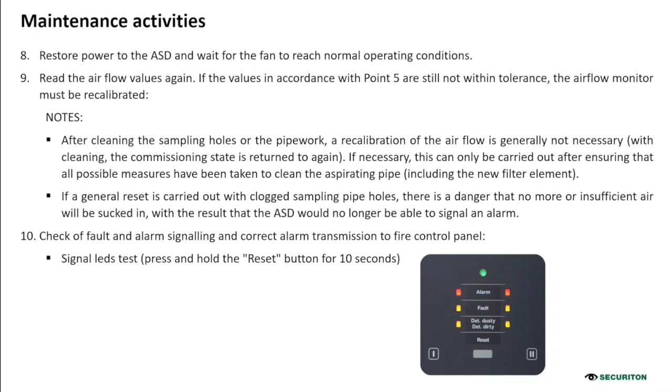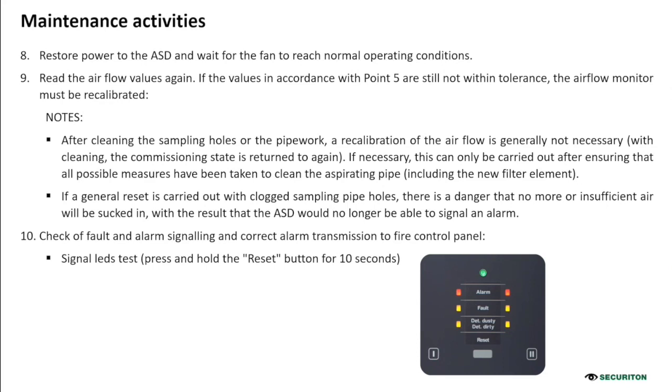If the value is still not within the tolerance, the airflow value has to be recalibrated. So what does it mean? In our case, we have a nominal value fixed at 100%. During the maintenance, I found this value at 75% because there was an obstruction in the filter and so on.